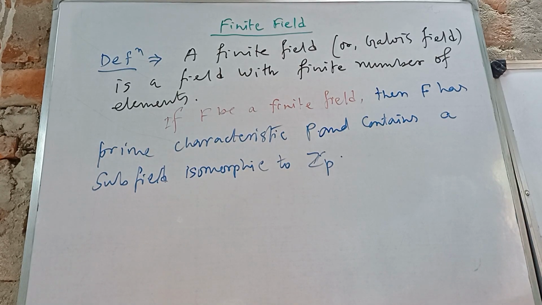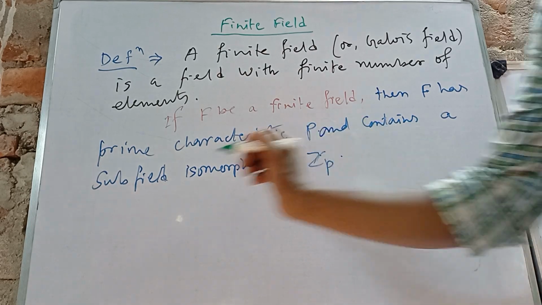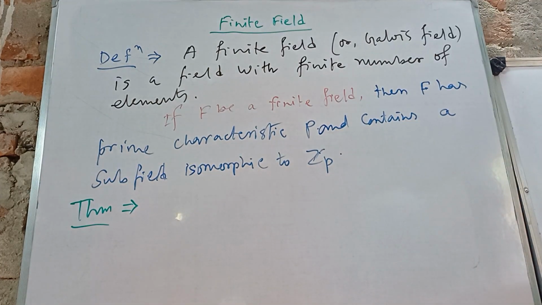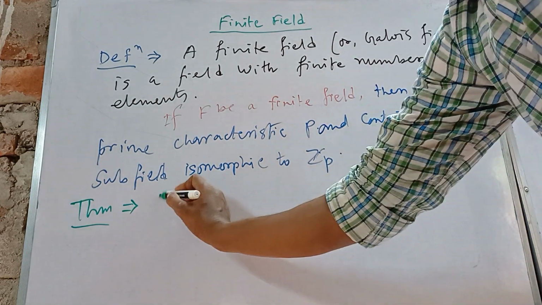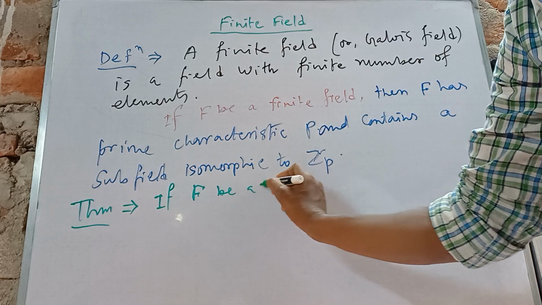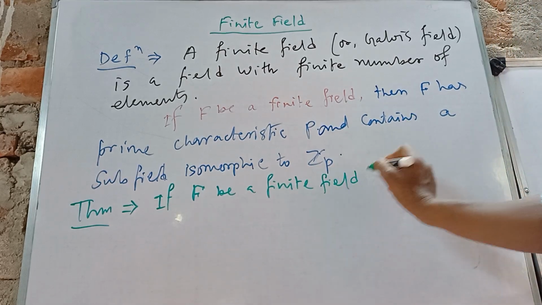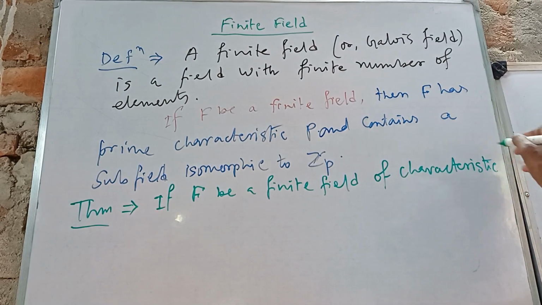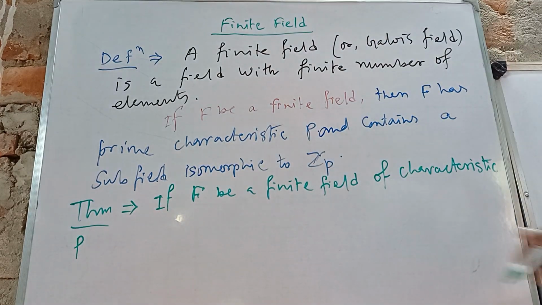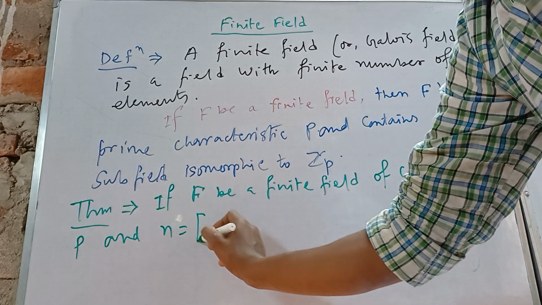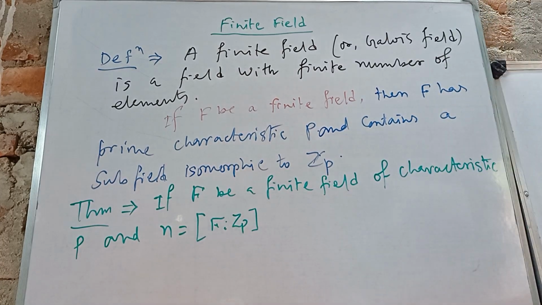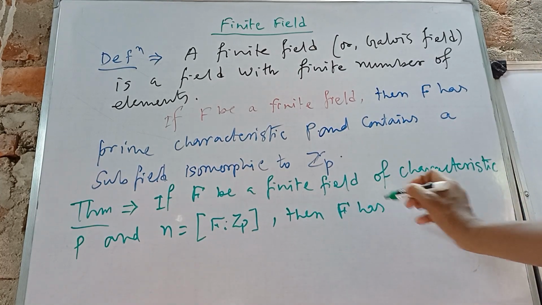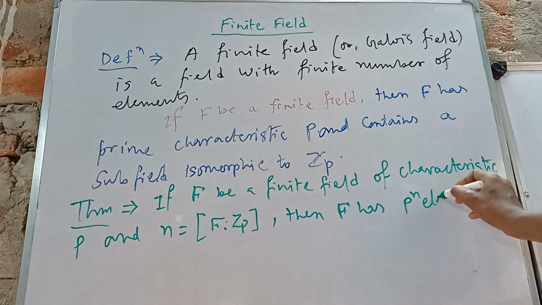Now we write one important theorem related to that topic. If F is a finite field of characteristic P, and n equals the index of ZP in F, then F has p to the power n elements.